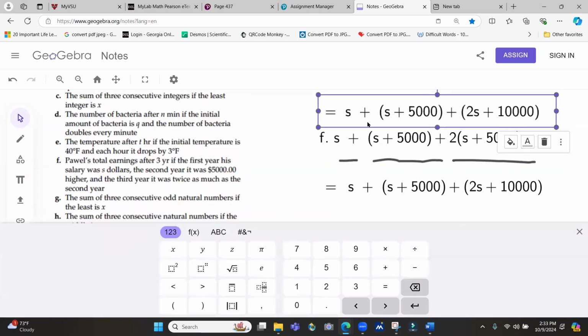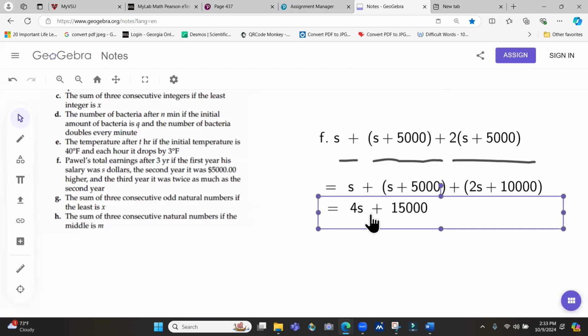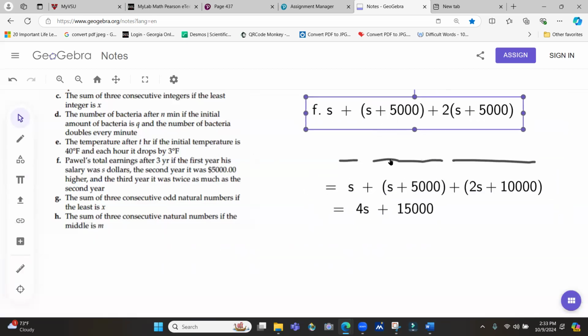I'm going to do it here, then I'm going to bring it down. 4S plus, I believe it's 15,000. That's his final answer. That's his final salary.